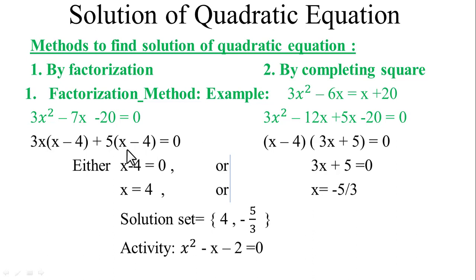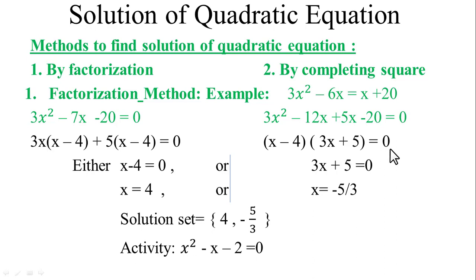Here in the factorization method, the important part is that these two terms are the same. So we see x minus 4 and x minus 4 in both terms, so this will be common. Taking this common, the final answer is x minus 4 into 3x plus 5 is equal to 0.